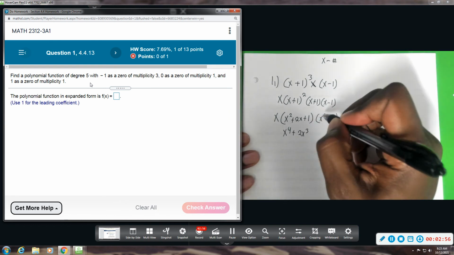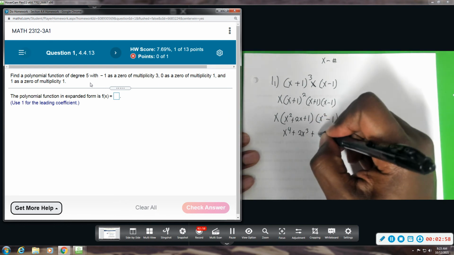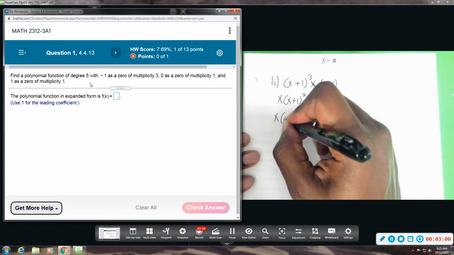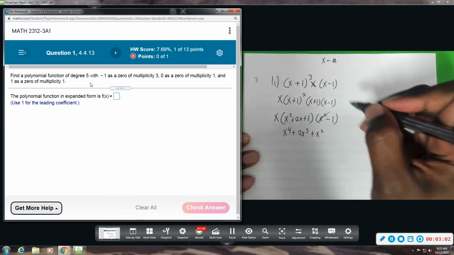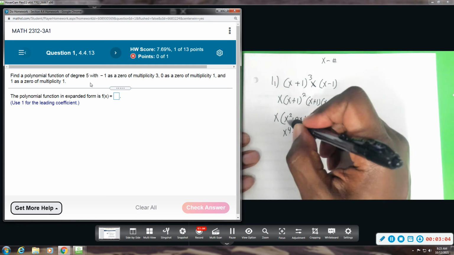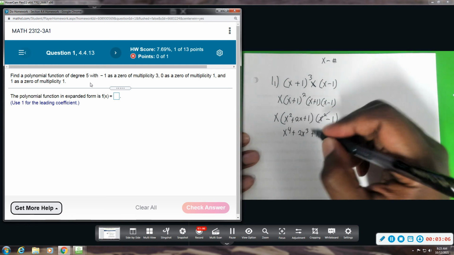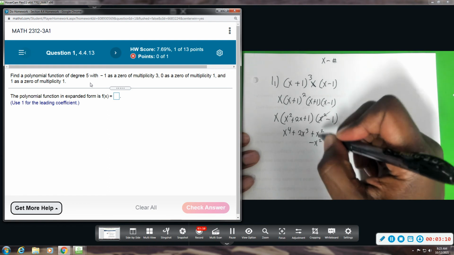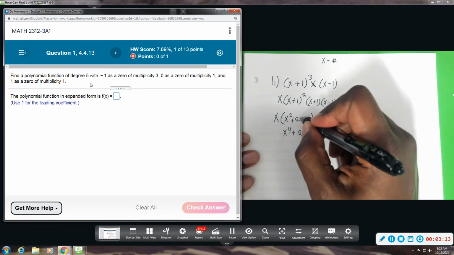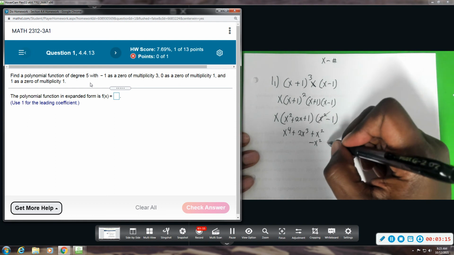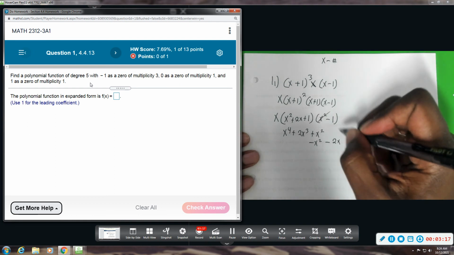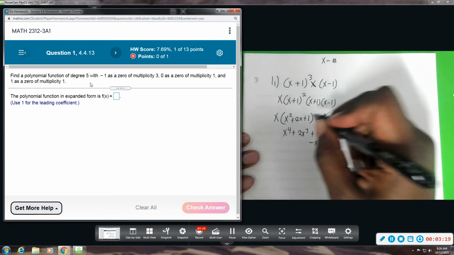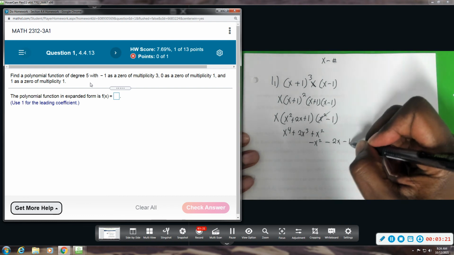And then we're going to do 1 times x squared, which is going to give us a positive x squared. So I've done all of these guys times x squared. Now all of these guys times -1. So x squared times -1, I'm going to line it up with this like term, minus x squared gives a negative x squared. 2x times a -1 will give us a minus 2x. And then 1 times -1 will give us a -1.